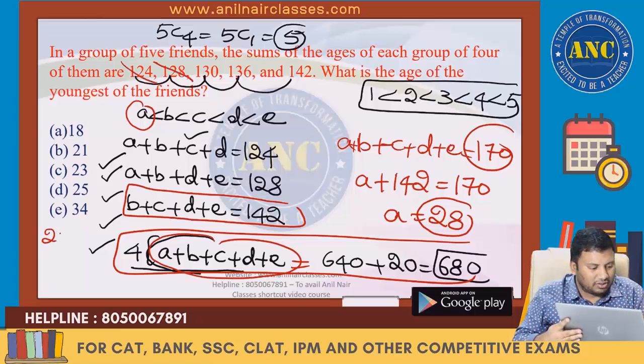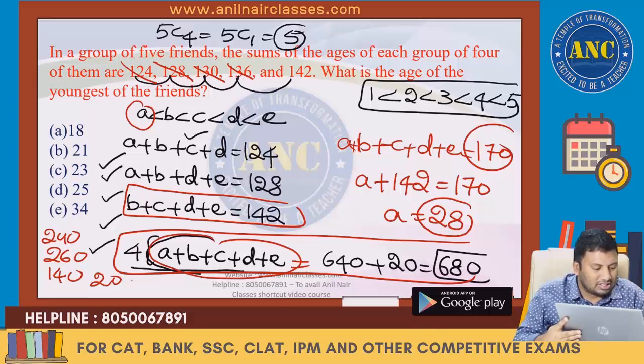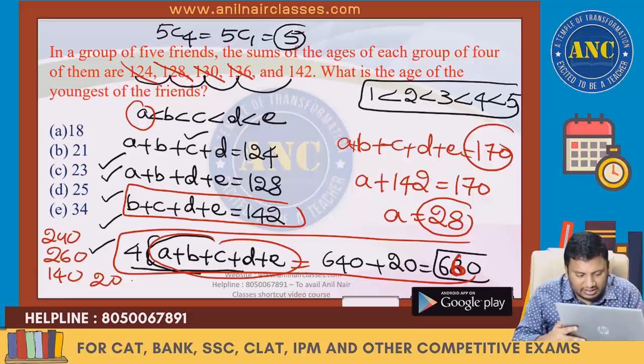120 plus 120, 240. 130 plus 130, 260. Next it is 140. 4 plus 8, 12. 12 plus 6, 18. 18 plus 2, 20. So this is nothing but 500. 500 plus 140, 640. 500, 640, 660. 660 it is.